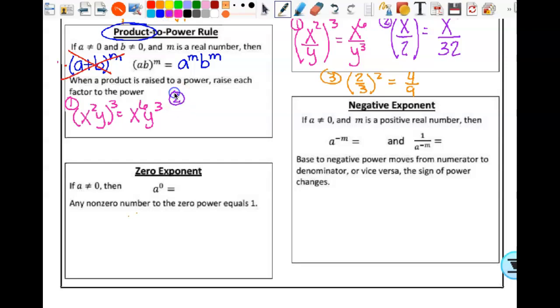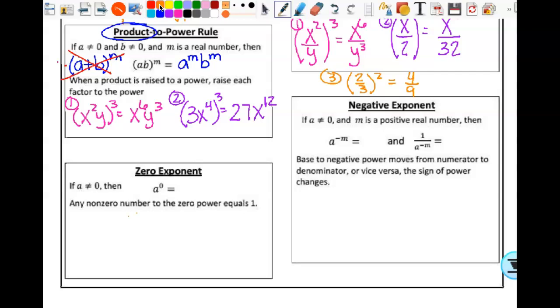And then second one, we'll do 3x to the 4th to the 3rd power. So is that 3x to the 12th? No, because you got to cube the 3 as well, right? So what is 3 cubed? 27. X to the 12th.